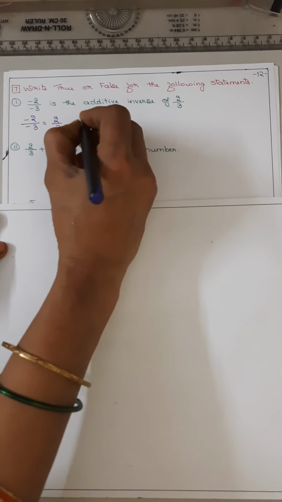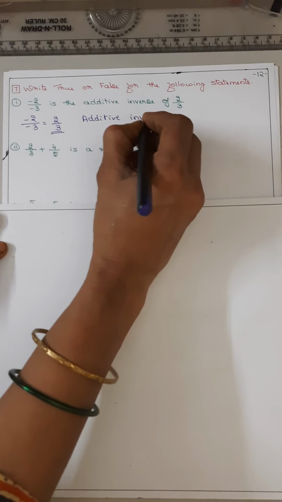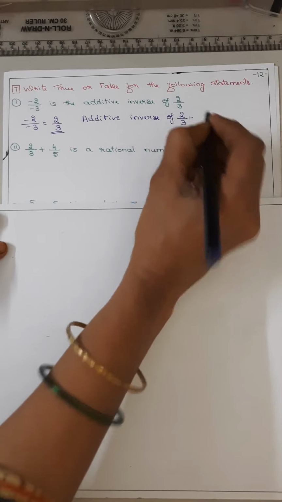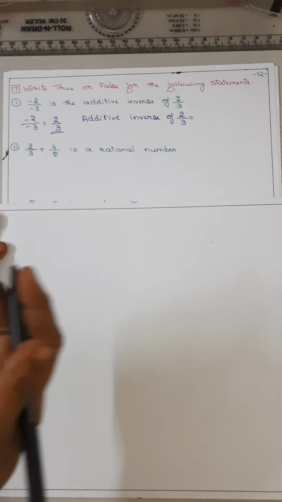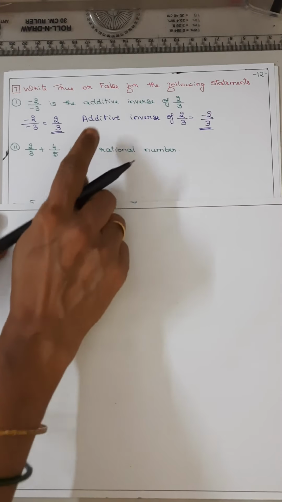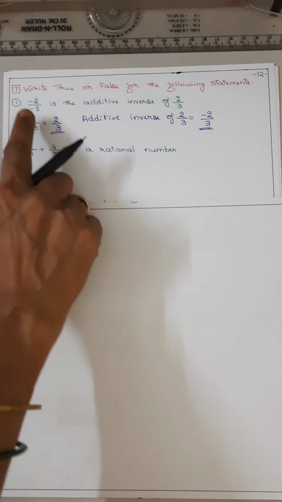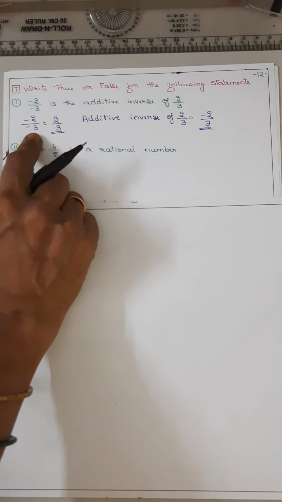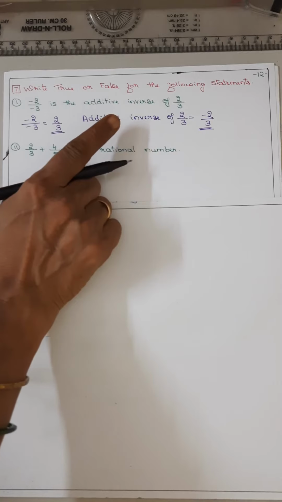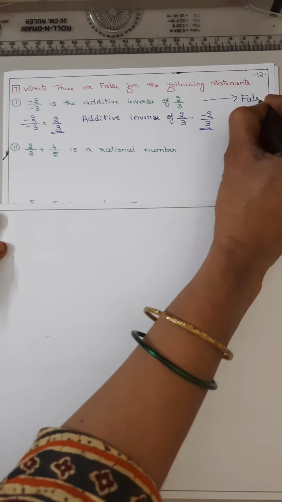Now write the additive inverse of 2 by 3 will be how much? The negative, isn't it? Minus 2 by 3. Actually answer additive inverse of 2 by 3 is minus 2 by 3. But here minus 2 by minus 3 will be 2 by 3. So 2 by 3 is the additive inverse of 2 by 3? No. So the answer is false.